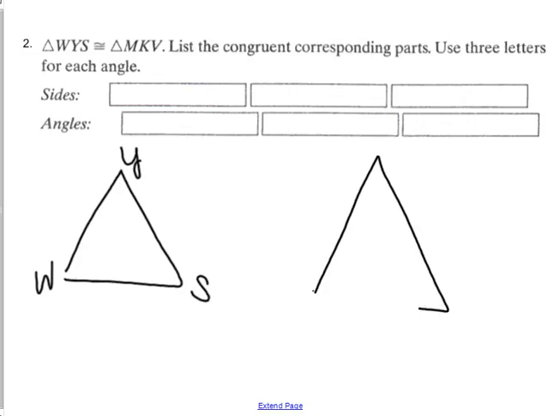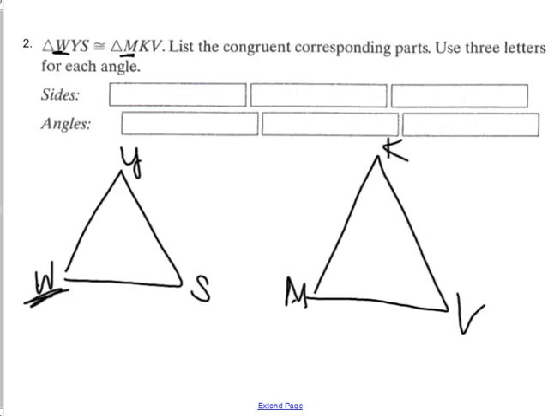And remember, I want to put those letters in the right area. So I started with W up here. I put it in this corner down here. I'm going to start with M and put it in this corner down here. M. I'm going to go up to the next angle, K, and then B.